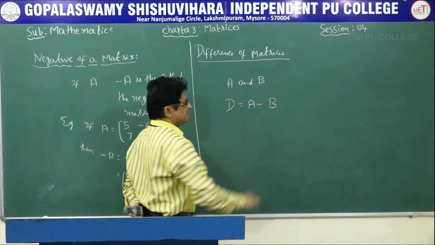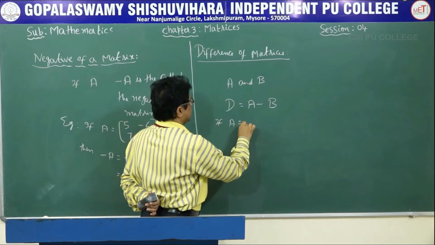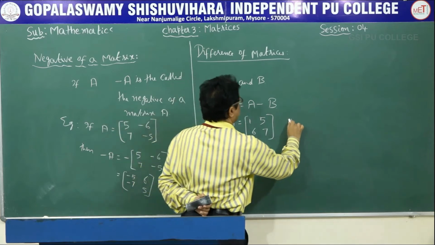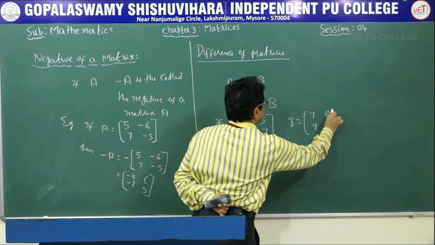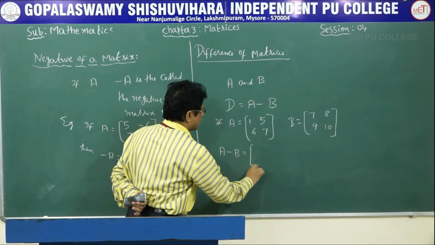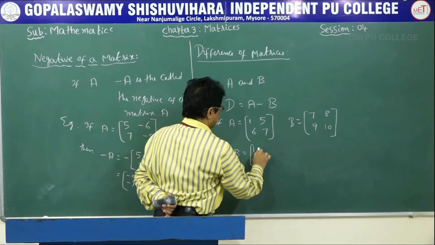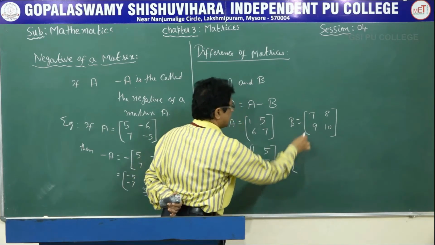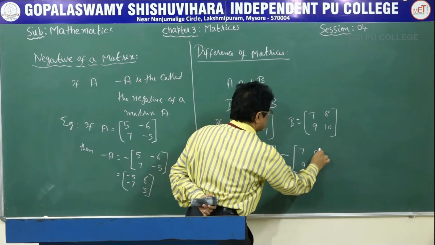A minus B. For example, if A equals 1, 5, 6, 7 and B equals 7, 8, 9, 10. So, A minus B is equal to 1, 5, 6, 7 minus B, which is 7, 8, 9, 10.